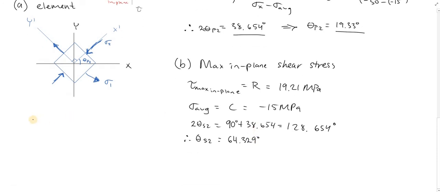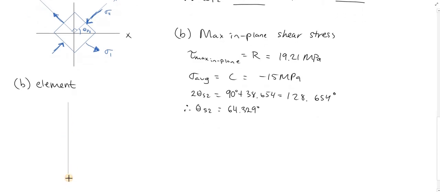So now we want to sketch our element B. Again, we'll have our original X and Y axis. Again, the rotation is not drawn to scale, only because I have this free set of blocks rather than me trying to sketch something neat.